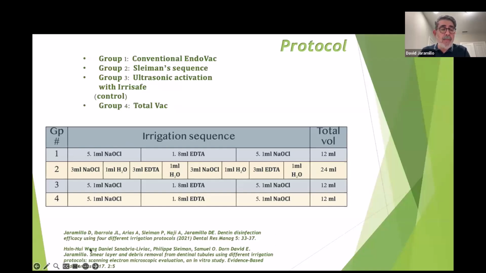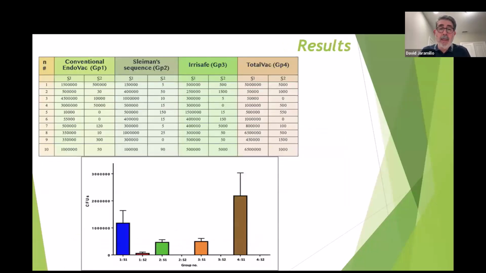The second one, the one from Wong, we tested this sequence to see the removal of the smear layer from the canal wall, and basically doing this sequence is better than alternating sodium hypochlorite and EDTA in fewer milliliters. And then my son published his paper on the use of the same sequence, and he found that, bacteriologically speaking, it was more effective than the conventional irrigation technique.